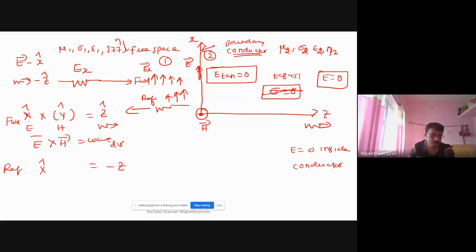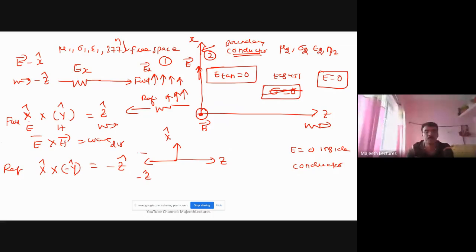Right? So E, x cross something should be minus z. So it should be minus y. X cross minus y is equal to minus z. So when the wave gets reflected, E will be in the x direction only, and the wave will propagate in the minus z direction.